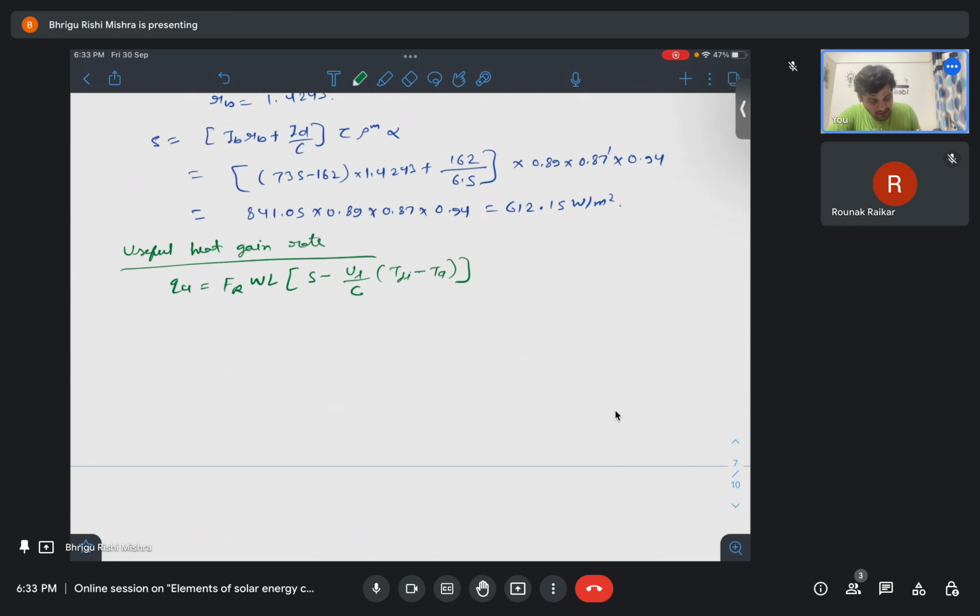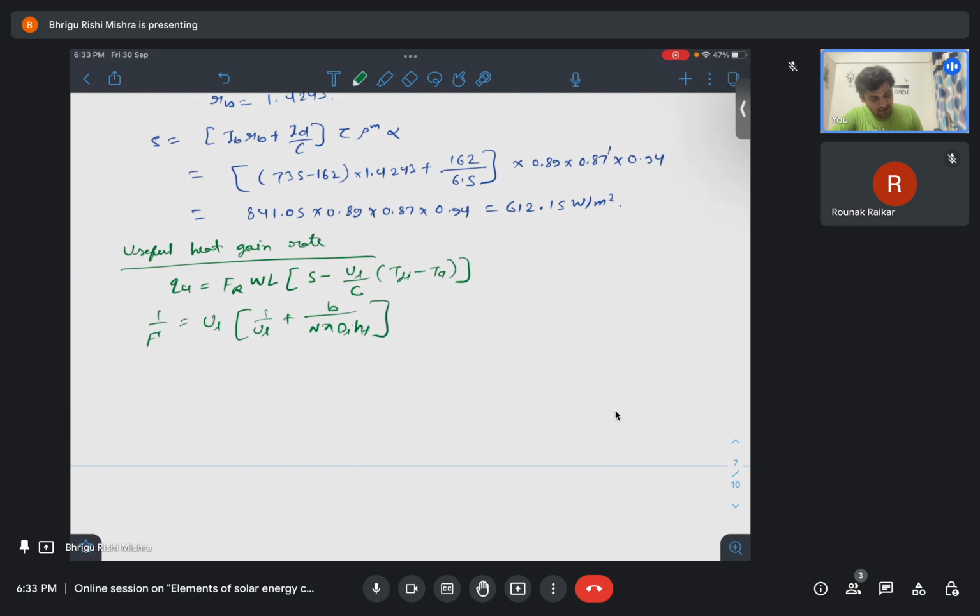So the expression of F dash is 1 by F dash equals 1 by UL plus B by N pi DI HF. You know, all these questions are easy questions. We just need to know the right formula, and then we just need to put the values and we'll get the answer. These are the simple questions, okay.